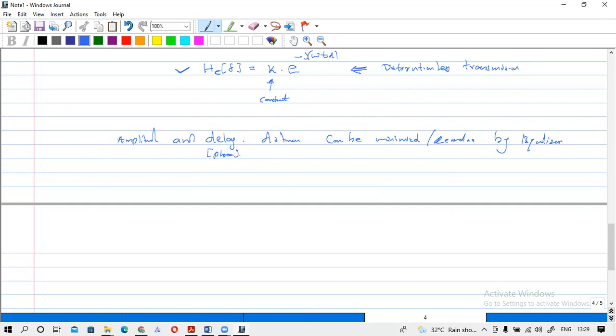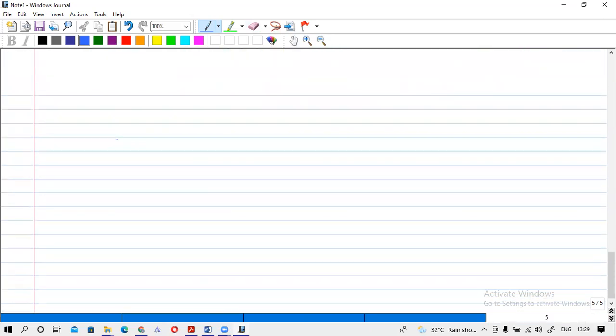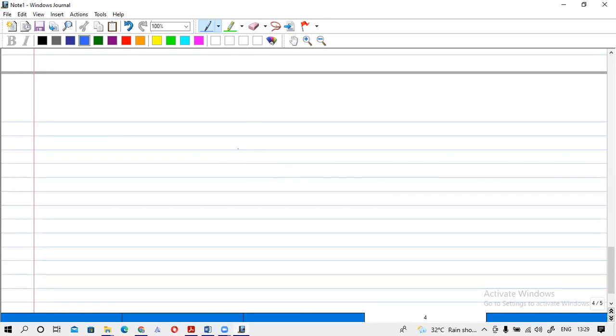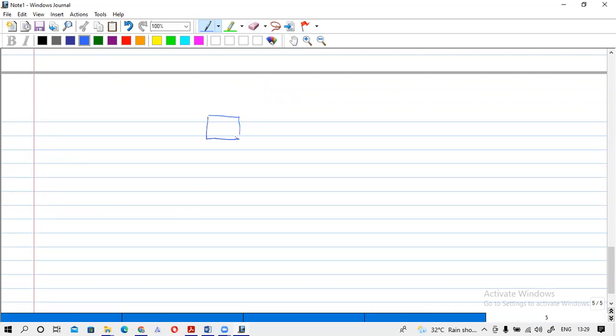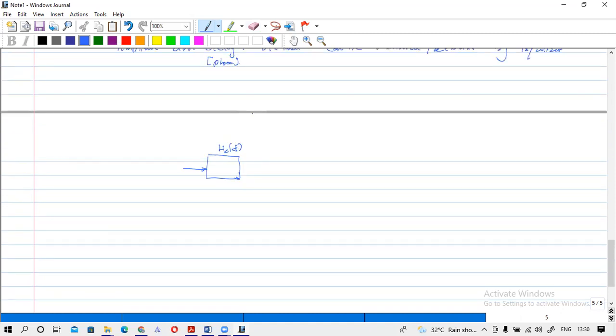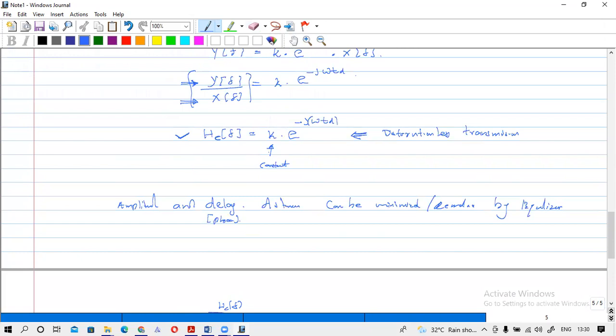Say we have a channel like this, H_C(f). Now this channel is not a distortionless channel, so it is a distortion channel. This transfer function is for distortionless.